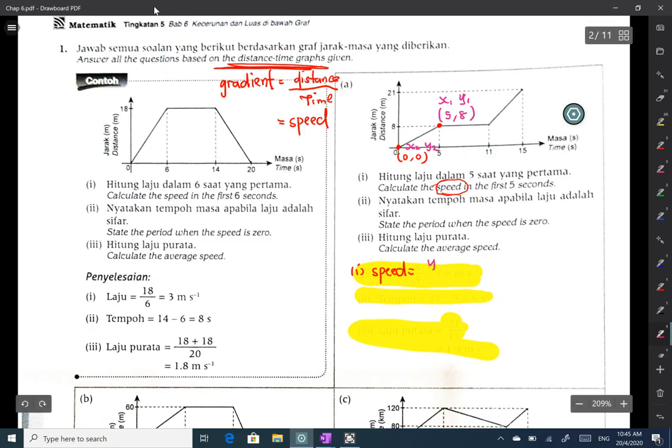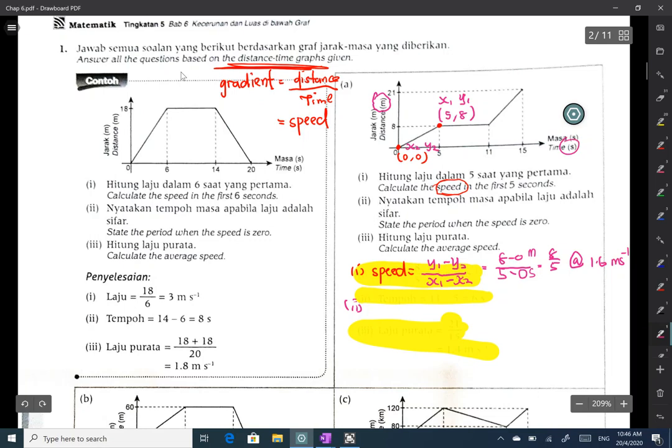I use y1 minus y2 over x1 minus x2. Remember, if the top starts with y1, the bottom must also start with x1. So the answer is 8 over 5, or we can use decimal, 1.6 m s negative 1. How do I know this is m? This is s.